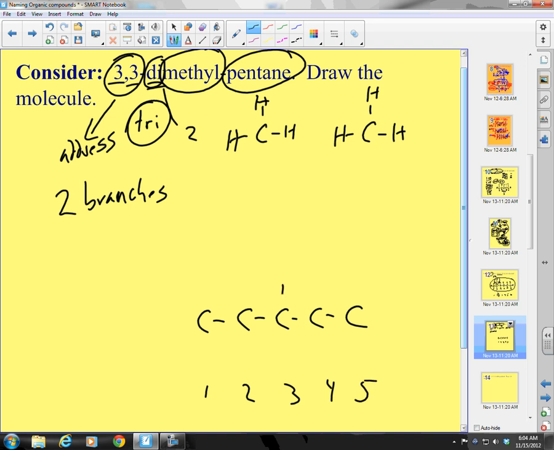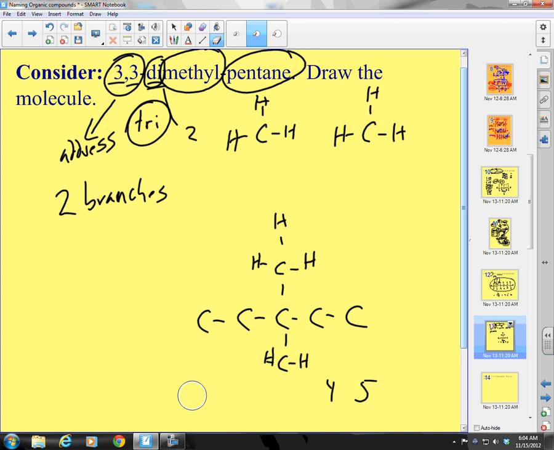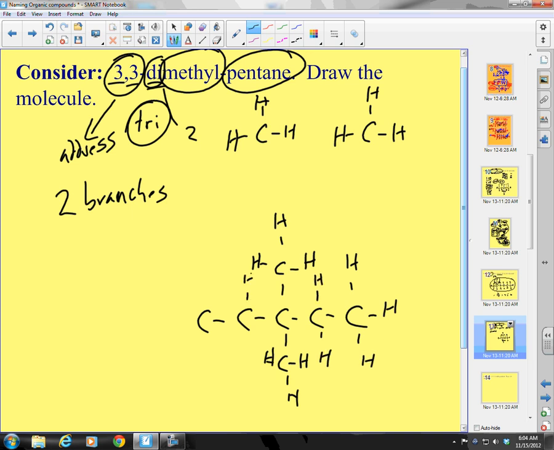A methyl group on the third. Another methyl group on the third. That means it's going to come to the bottom here. It's kind of ugly. Let's get rid of my numbers so I have more space. Good. And now we just complete my carbons with hydrogens.